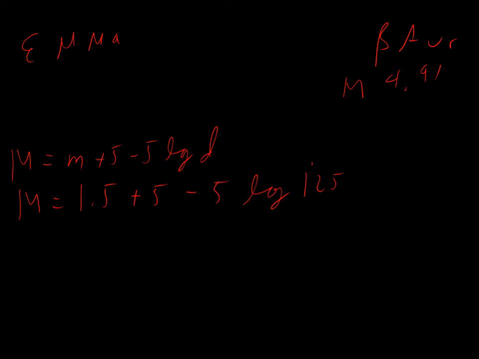Log of 125 is 2.1. So the absolute magnitude is 1.5 plus 5 minus 5 times 2.1. So the absolute magnitude is -4.